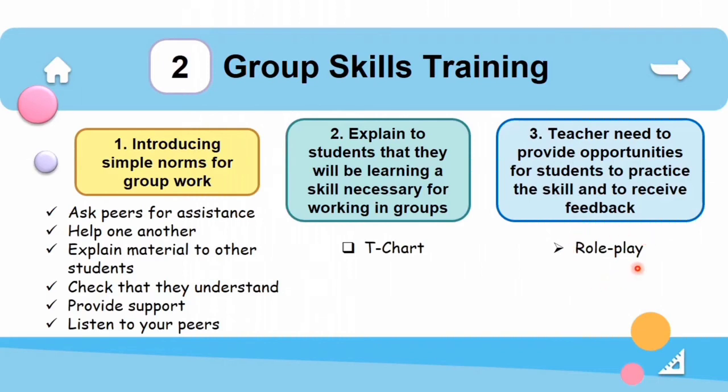Without realizing it, role play gives students opportunities to apply the skill and to improve it, whether a soft skill or another skill.